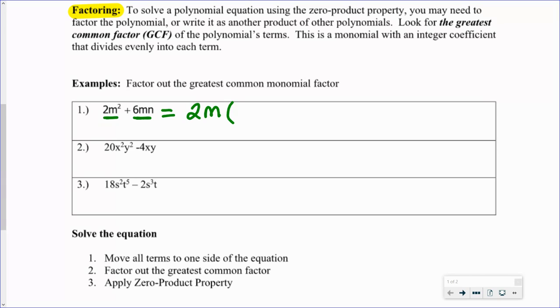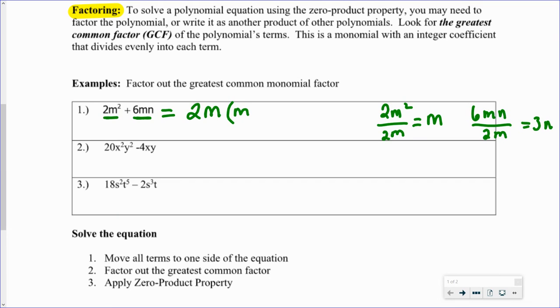So the way that I do this is I look at the first term and I say 2m squared divided by 2m. I can do that work over on the side. 2m squared divided by 2m. And that's just going to equal m. So in parentheses, we're going to write m. And then I'm going to do the same thing for the second term. 6mn divided by 2m is going to equal 6 divided by 2 is 3. m divided by m is 1.